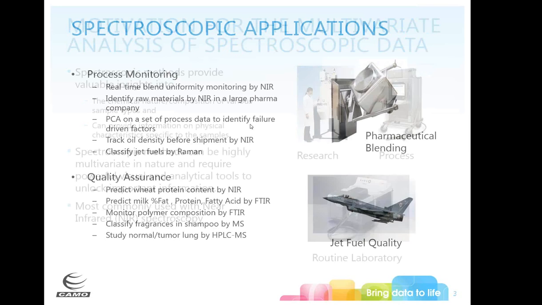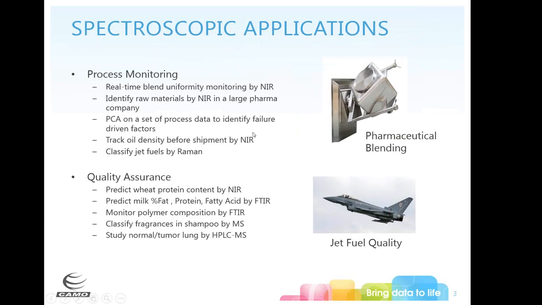So there's a lot of applications for near IR and spectroscopy in general. In the pharma world, we can do real-time blend uniformity. You can identify raw materials that are coming in. You can also look at process data, just for example, to identify where your failures are coming from, some root cause analysis. Track oil density before shipment, classify jet fuels.